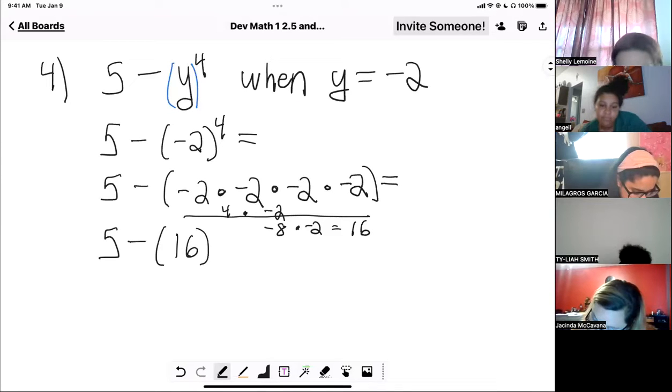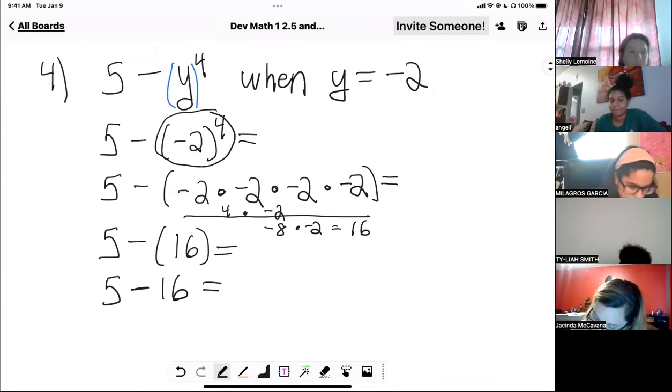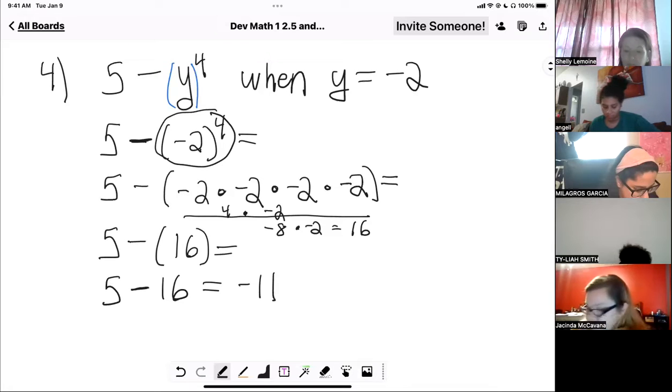Now, even though the answer was a positive 16, I still have this minus in front. So really it's 5 minus 16, which means I'm going to subtract them and keep the sign of the bigger number. 16 minus 5 is 11, but 16 was negative. Even though it was positive in here, the minus changed it to a negative. I have negative 11.